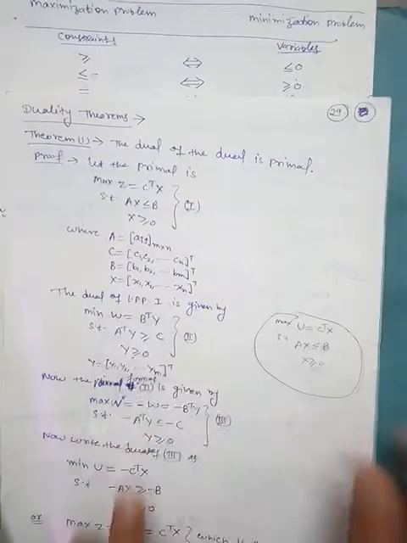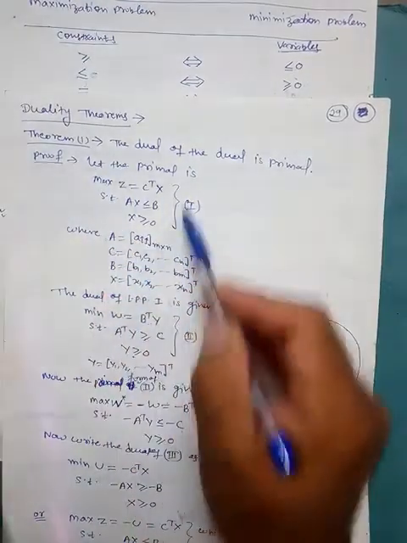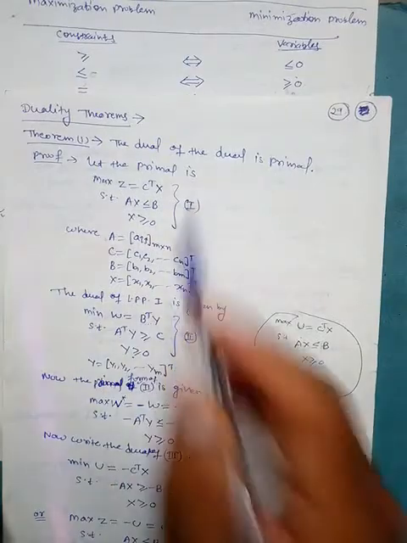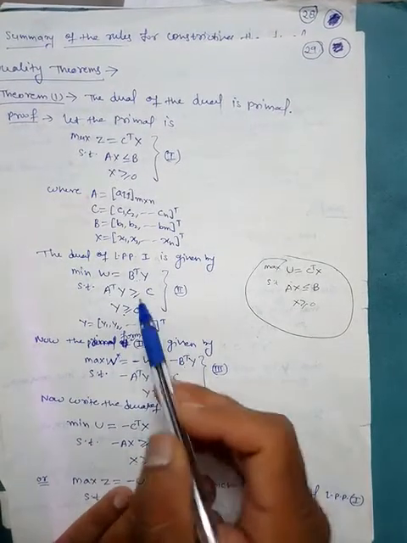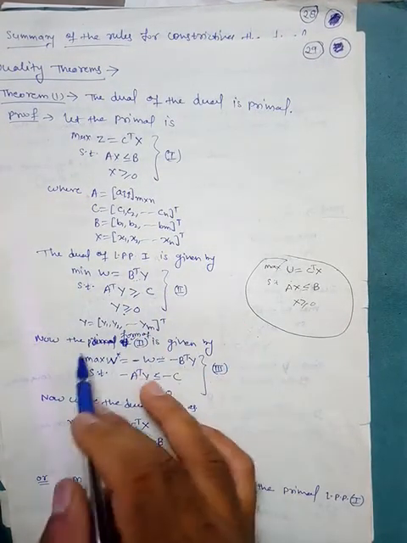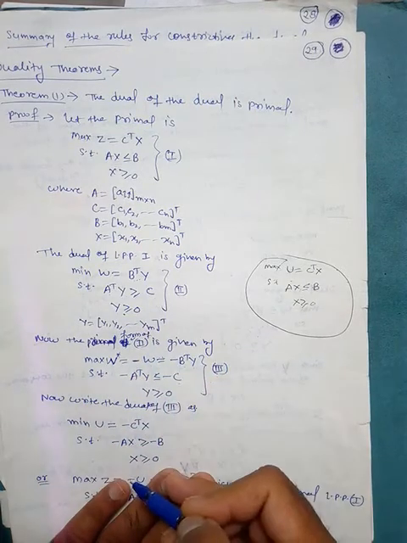Okay, so this is the dual. This is the primal, this is the dual. Based on the same rule set, you can also verify yourself.